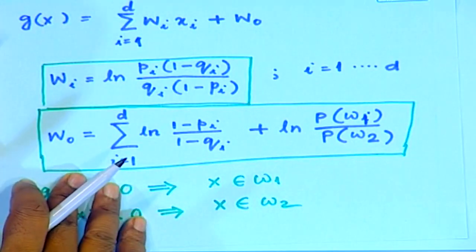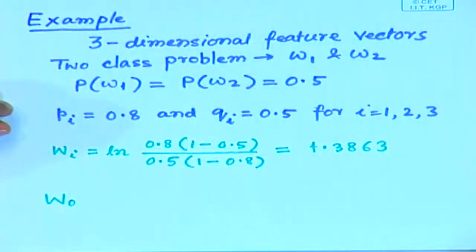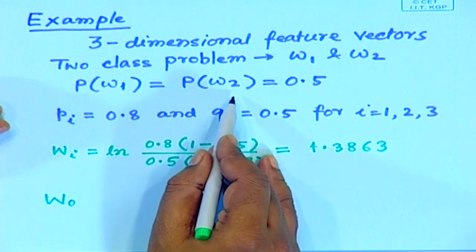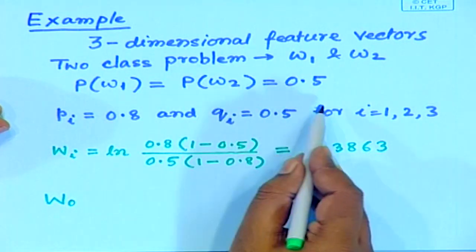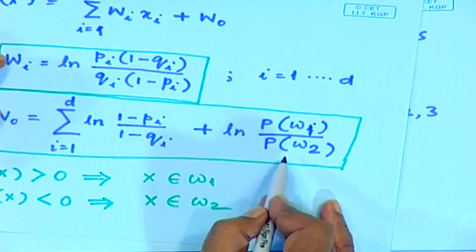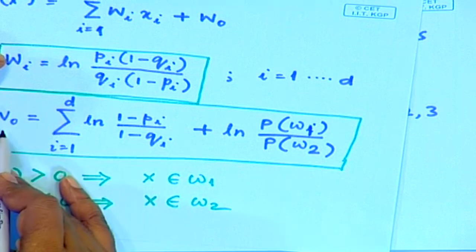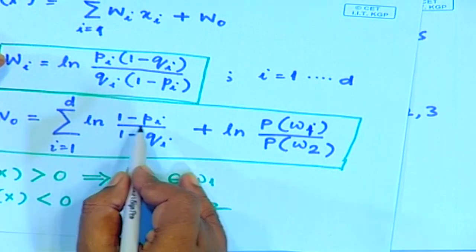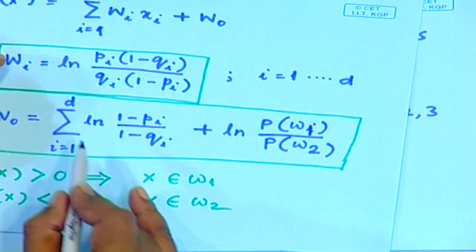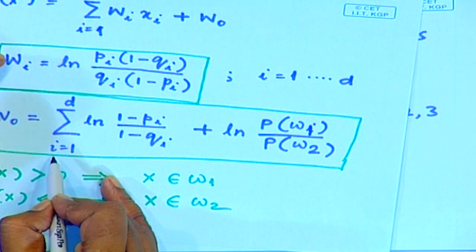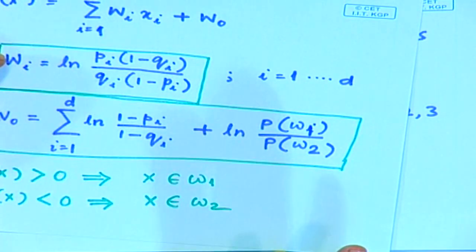Now in this case p of omega 1 and p of omega 2 are equal, both equal to 0.5. So this last term, log of p omega 1 upon p omega 2, will be equal to 0. So what I have to compute is simply w naught is equal to log of 1 minus pi upon 1 minus qi, take the summation over i is equal to 1 to d.